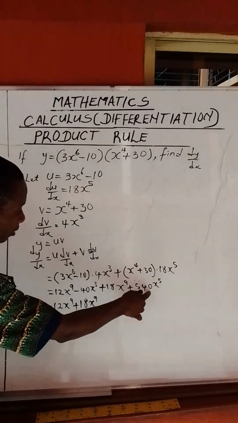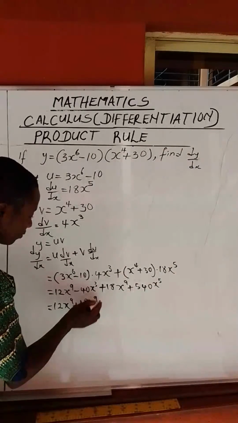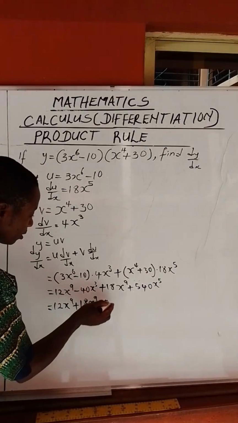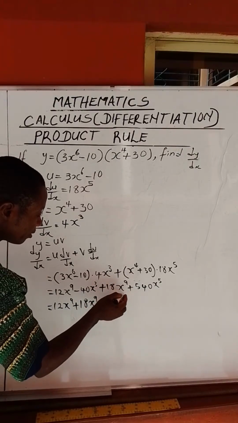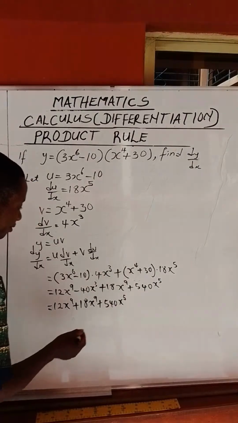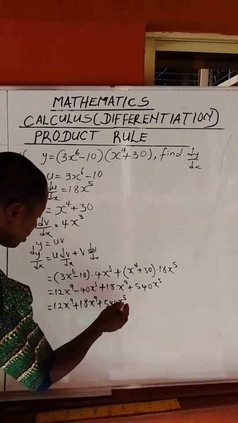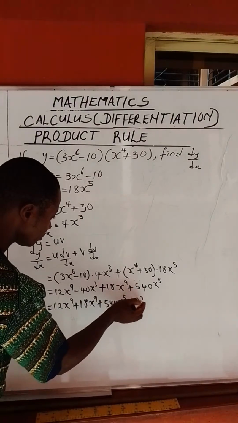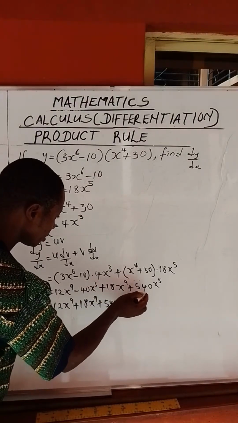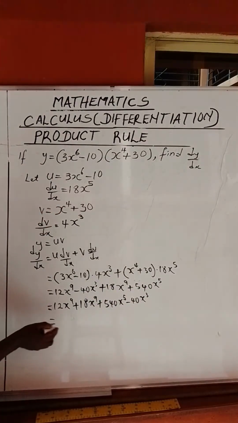Then here we have plus 540x raised to 5. Then here we have minus 40x raised to 3. So this is what we have at this stage.